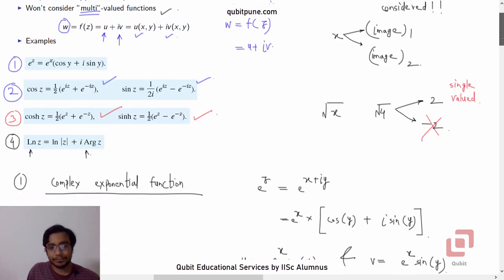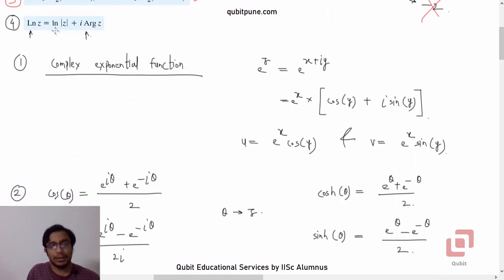So the logarithmic function is telling us that the real part is the logarithm of the modulus of the complex number, and the imaginary part is actually the argument, or v.